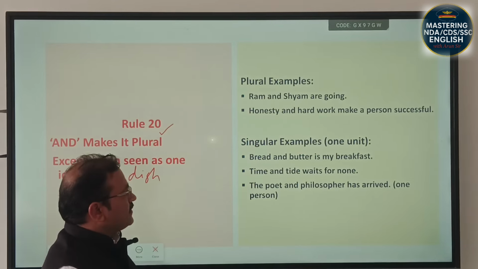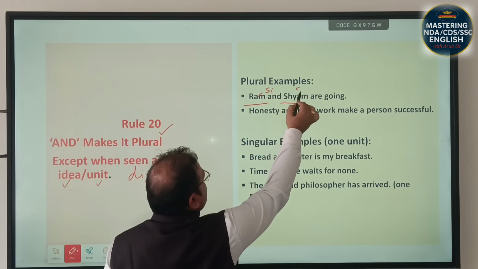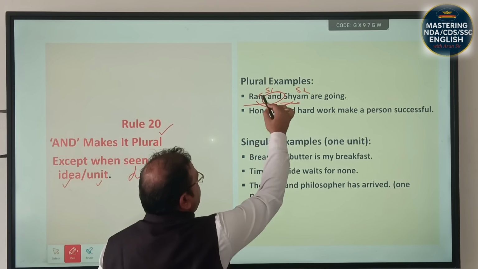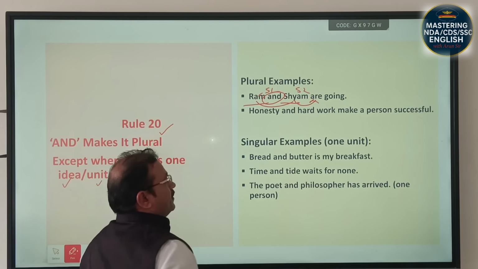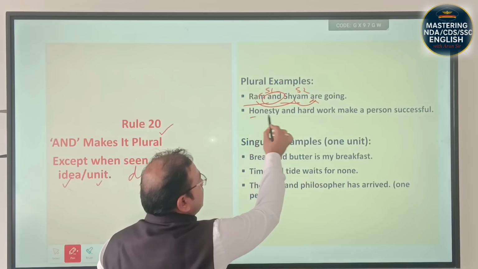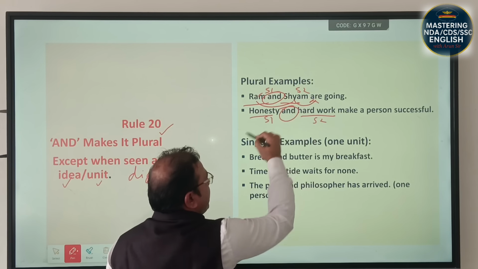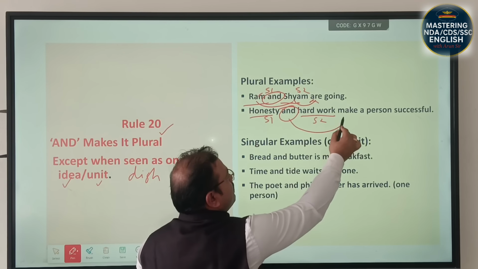Let us understand this. Ram and Sham, subject 1, subject 2, both joined by and, taking plural verb. Plural, of course. Honesty and hard work, subject 1, subject 2, different entities joined by and, taking plural verb make.